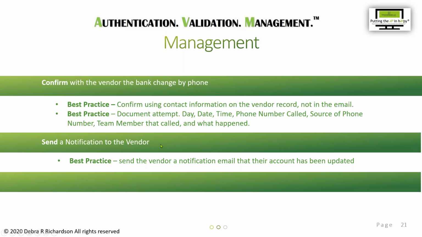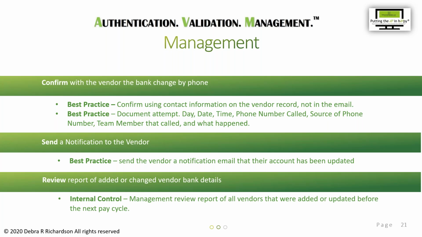Okay? And then the last one is review a report of added or changed vendor banking details. And this really is an internal control, a compensating control that can be used when there is a segregation of duties in AP.